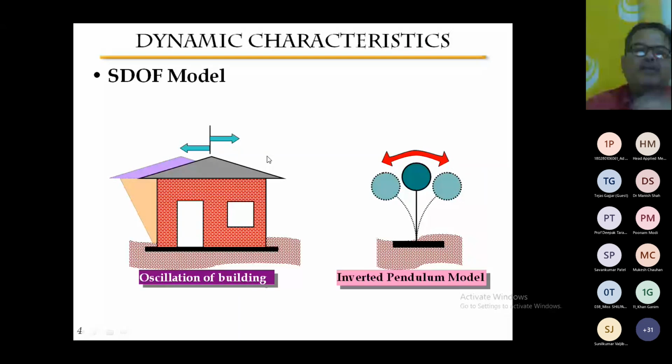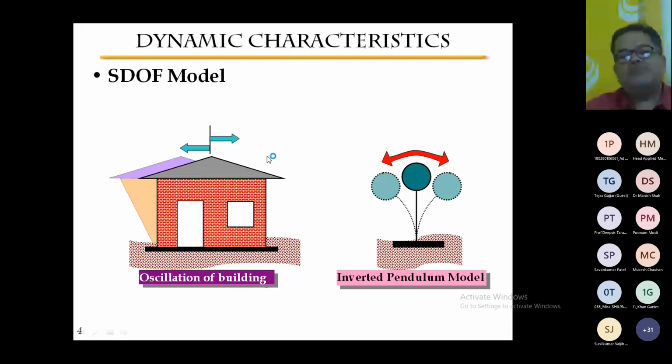And basically, we do not want to involve ourselves into too much mathematics, and therefore we are assuming that mass is concentrated at the floor level, because there is a slab, and this slab is having a very heavy mass at one particular level when we are talking about the lateral displacement.